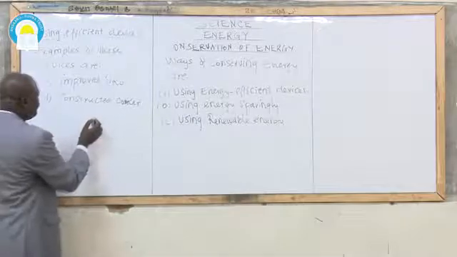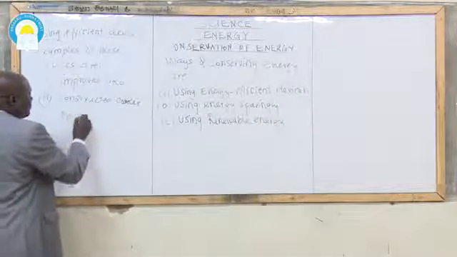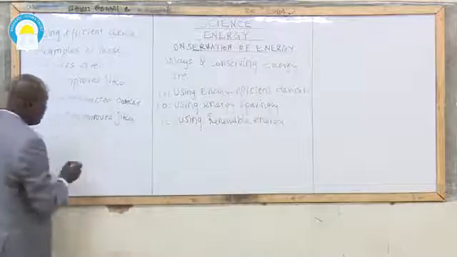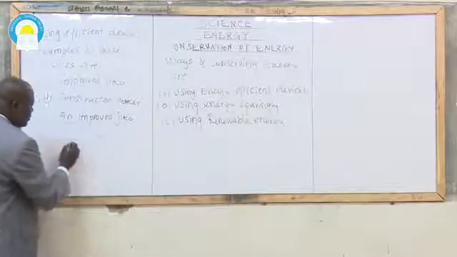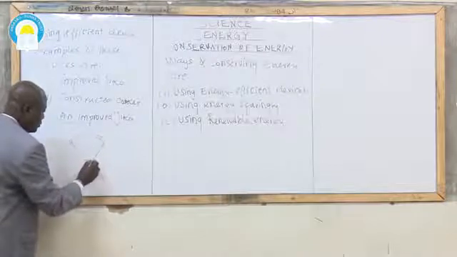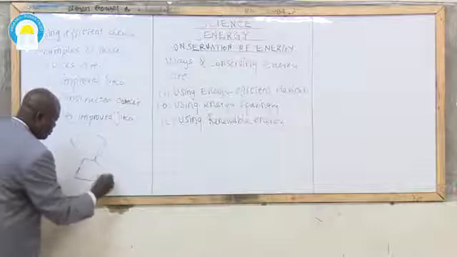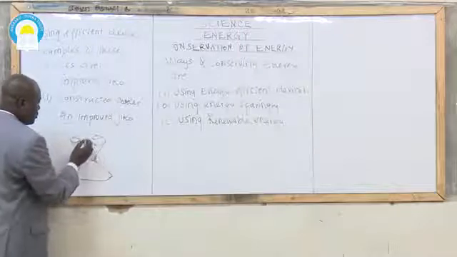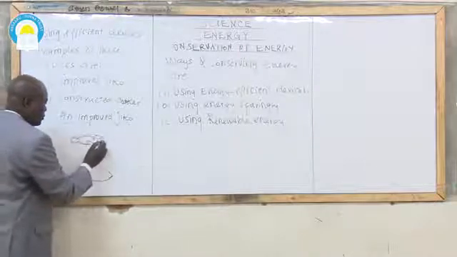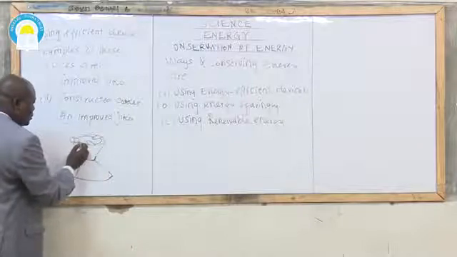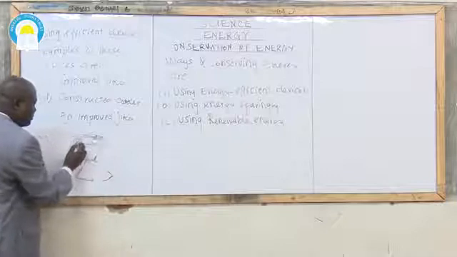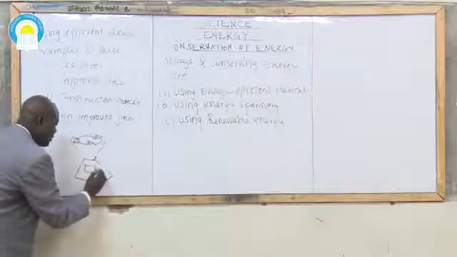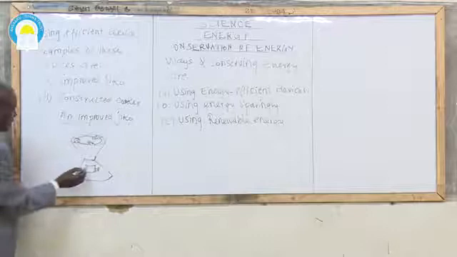So the improved jiko looks like this. It has this part here, which we call the door.